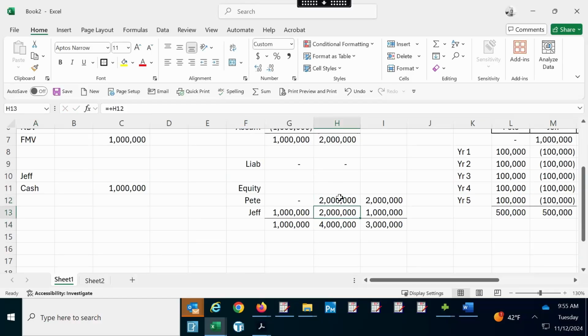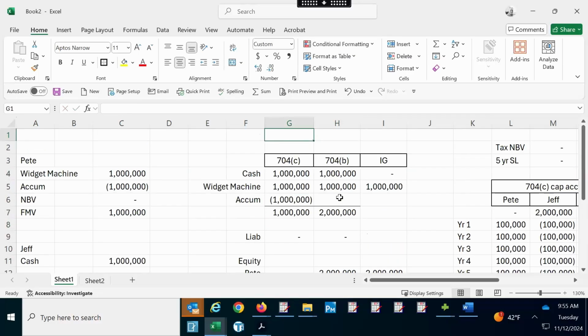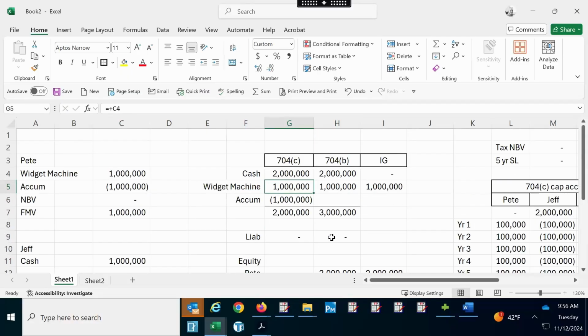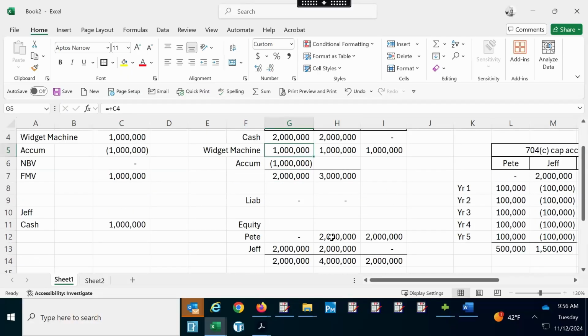Okay? So Jeff's contributing us $2 million in cash. But the machine is still worth $1 million. Are we in balance on the 704B side? No. Okay? What do you suppose we're missing to get into balance?